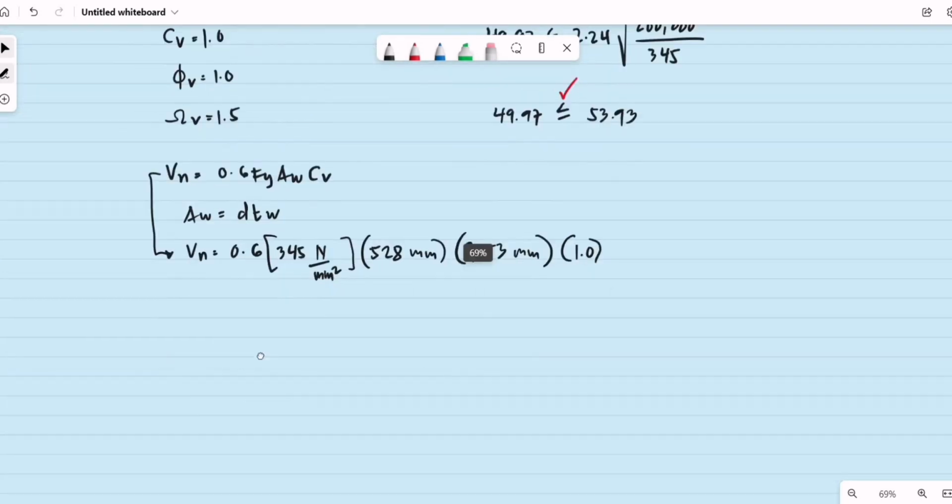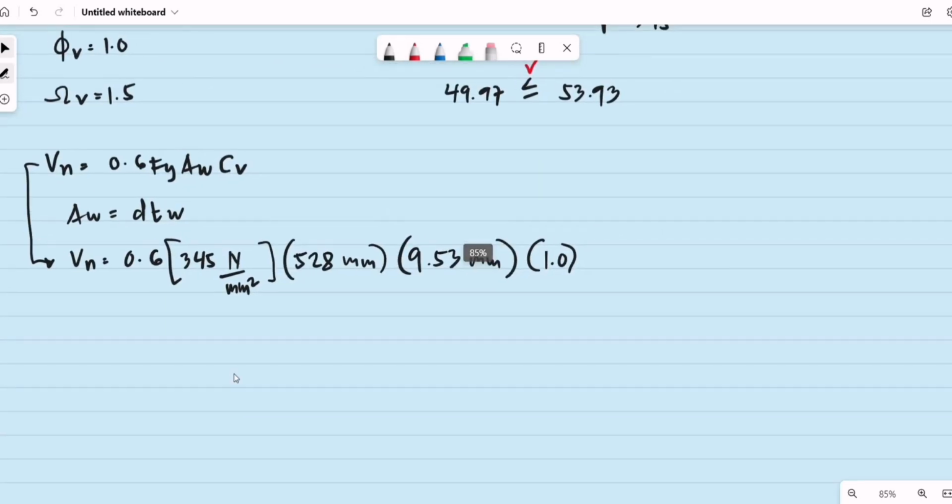Okay, so let us compute, but before that, if we do unit analysis, cancelling newtons, cancelling mm squared or square millimeters, basically this is in newtons. So we are to multiply 1 kilonewton is to 1,000 newtons. So we have the nominal shear strength in kilonewtons.